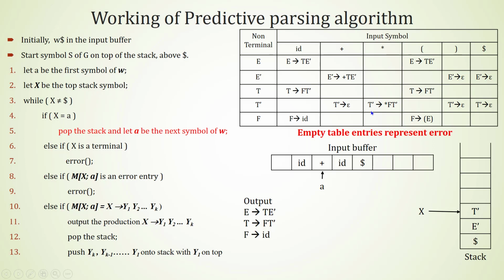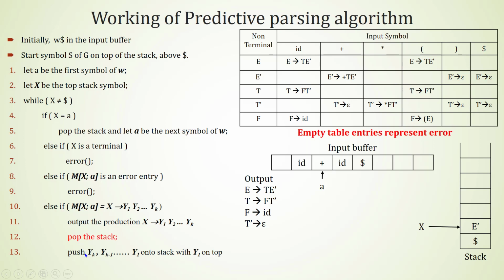In the T' row, plus column we have a production T' gives epsilon. So output the production. So in output we print T' gives epsilon. Pop the stack. So this T' will be removed from the stack.